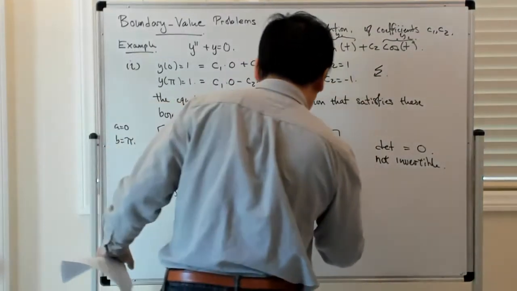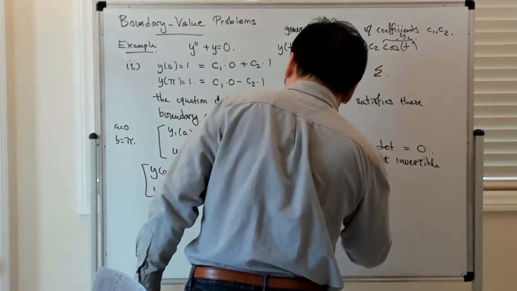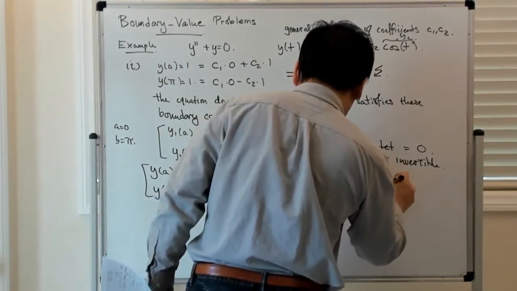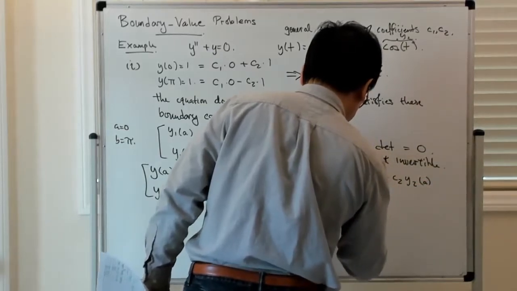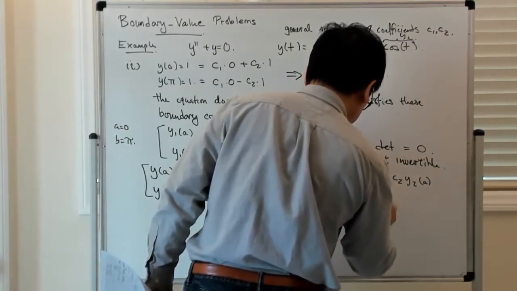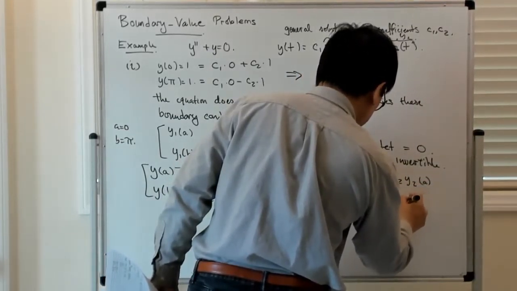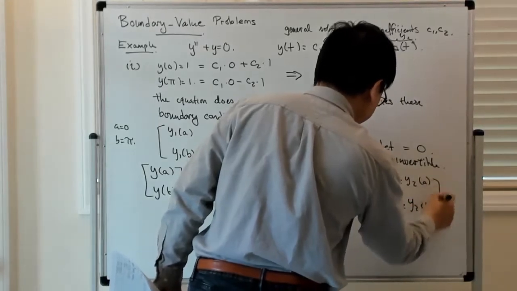So this would be just c1 y1a plus c2 y2a, and then c1 y1b plus c2 y2b.